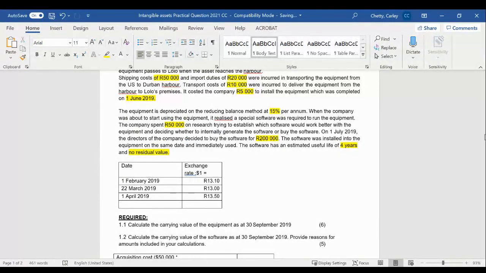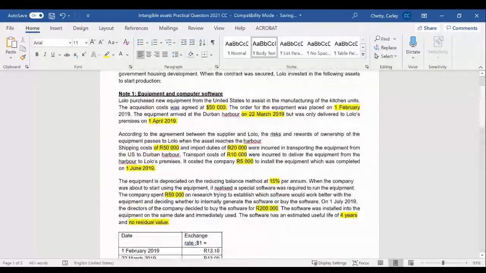From this question you can see that they have not only given us information for the equipment, which likely means they'll be asking a PPE type question, they have also given us the information on computer software. So what would computer software be if we had to give it a name? If we classified it in our books, what type of asset is it?